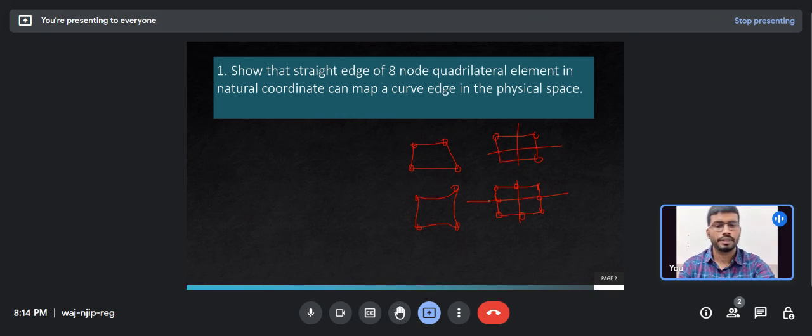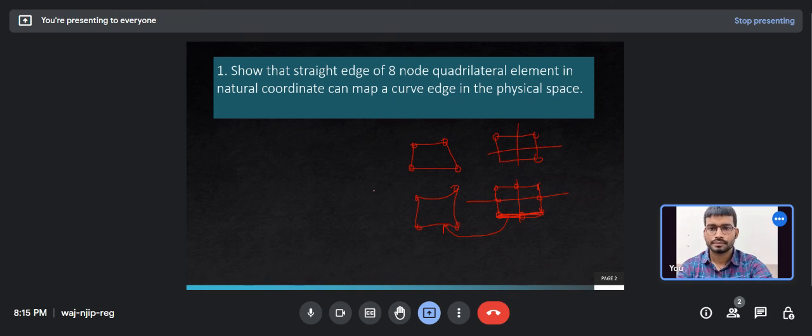This is what I want to show by using this first problem, right? So here I will show how this linear edge of a 2D element in the natural coordinate system can represent the curved edges of a 2D element in the physical space, right? So this is the objective of this problem.